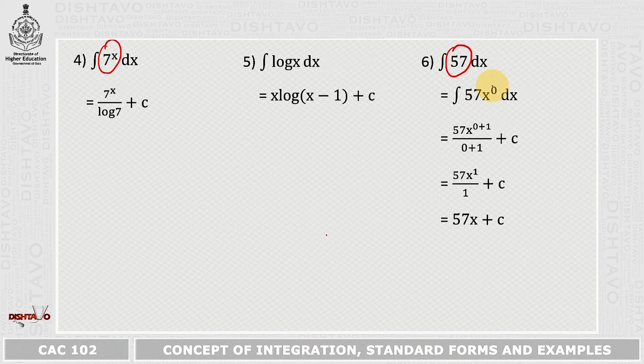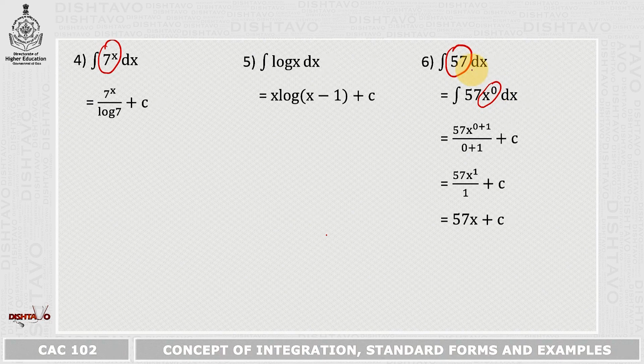Now simply you cannot add anything. I have multiplied this because I know x raised to 0 is 1. So if this is 1, 1 into 57 is 57. So finally we get the previous problem here. Any variable or any number raised to 0 is 1.